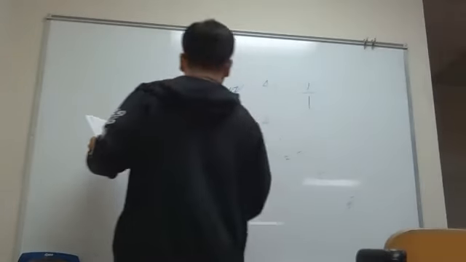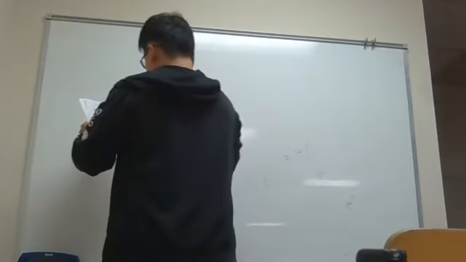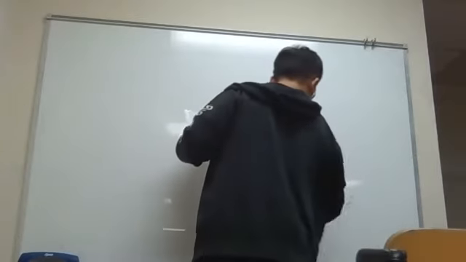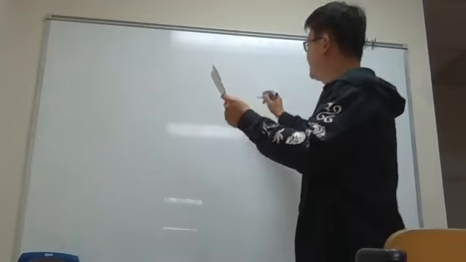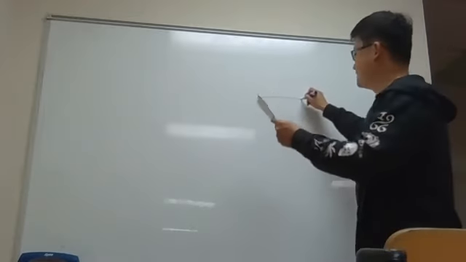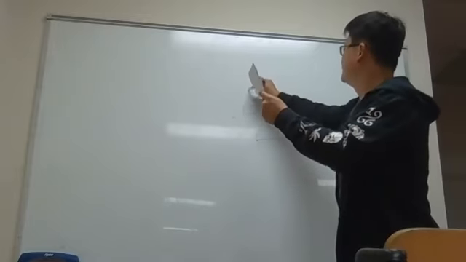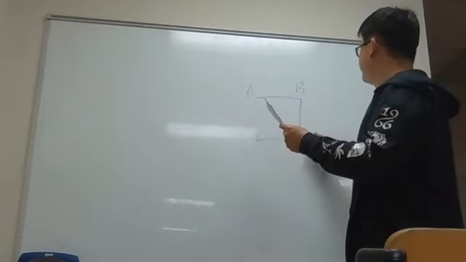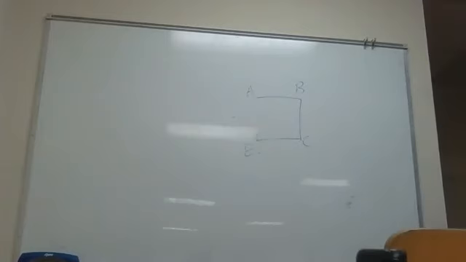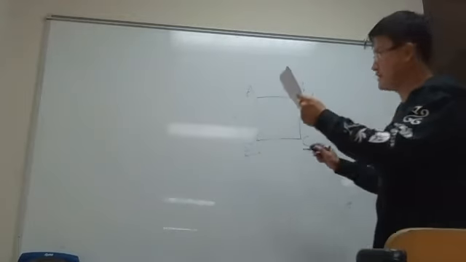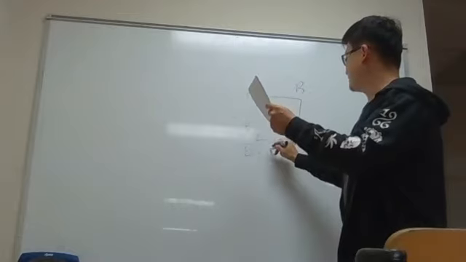And next one, problem 23. So problem 23 is you have a square ABCD, actually ABCE. And then you have DF. So F is on AE, and D is on EC. Right?